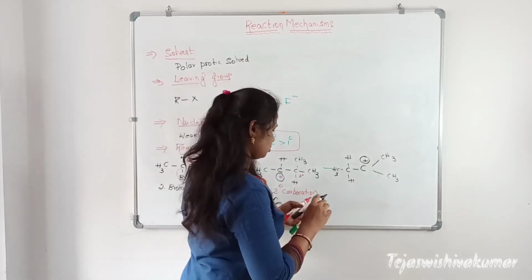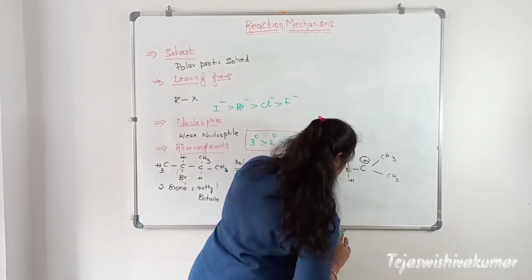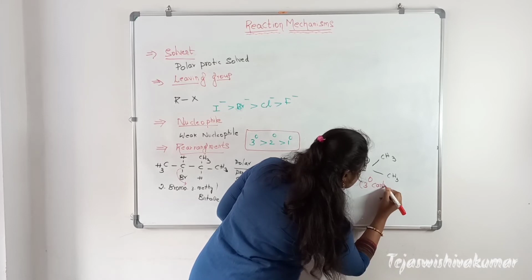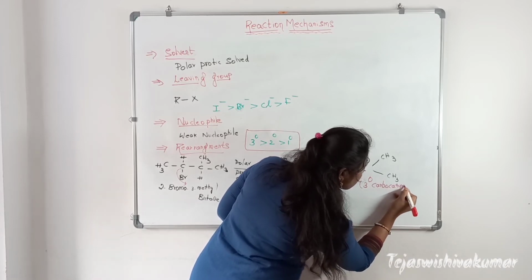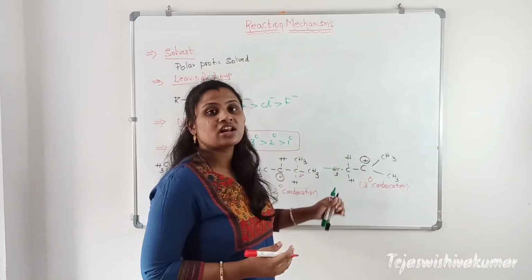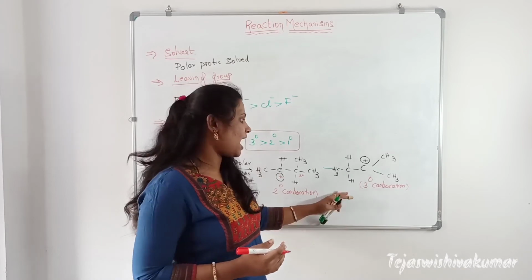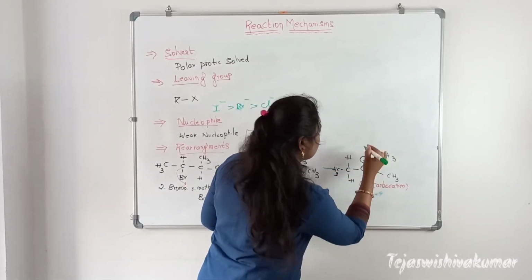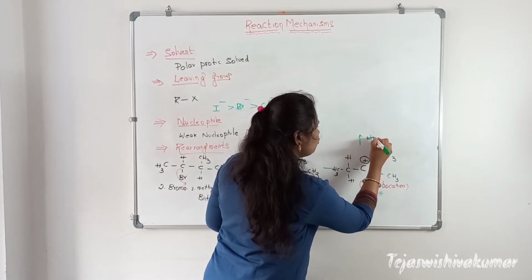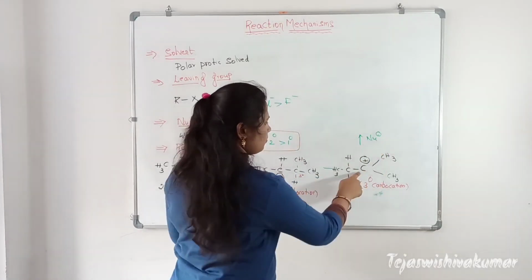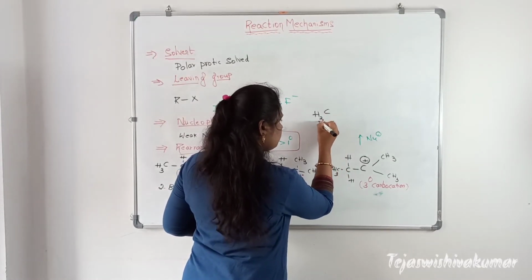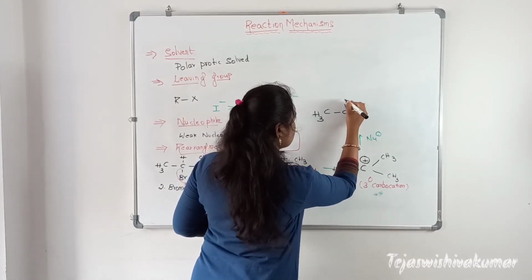Now this is a tertiary carbocation. Now after getting rearranged, the nucleophile gets attached to this tertiary carbocation. I will write the product here. Nucleophile attack chesthe ee carbon ki product em vastundi ippudu manaki, butanol vastundi.